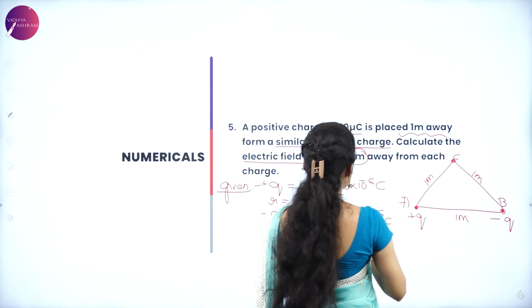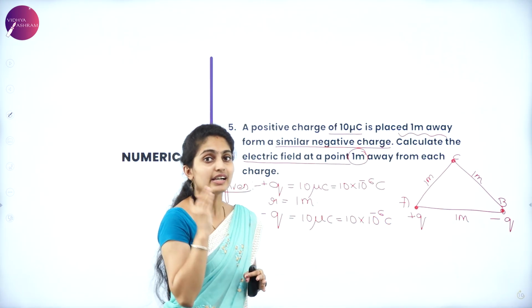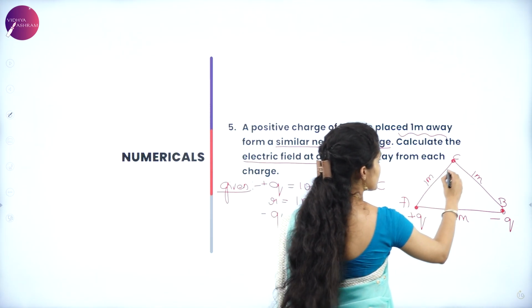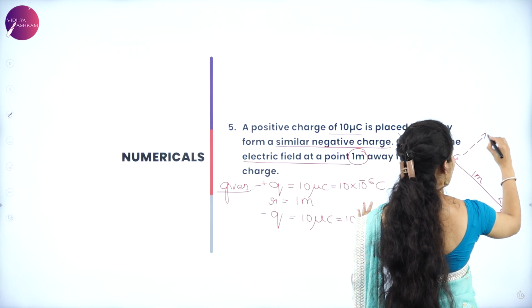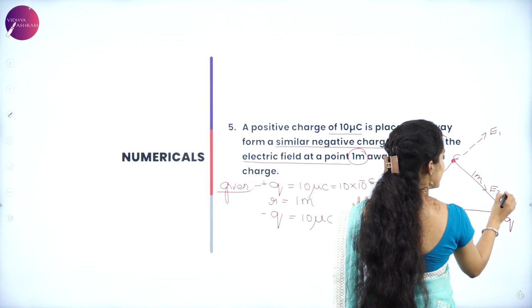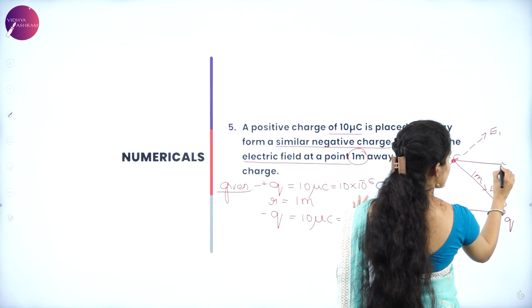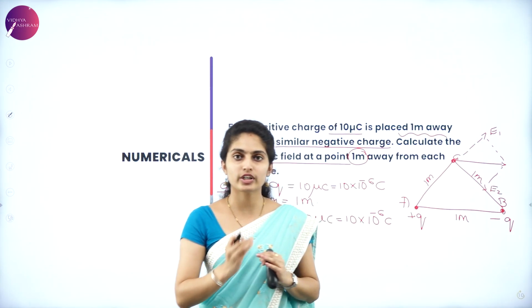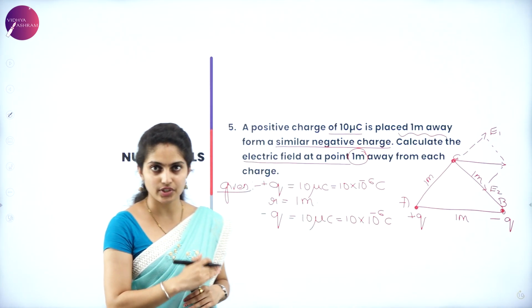At C, we have to calculate the electric field. This produces a certain electric field called E1, and here there is E2, and here there is your resultant vector, making the parallelogram law of vector addition.